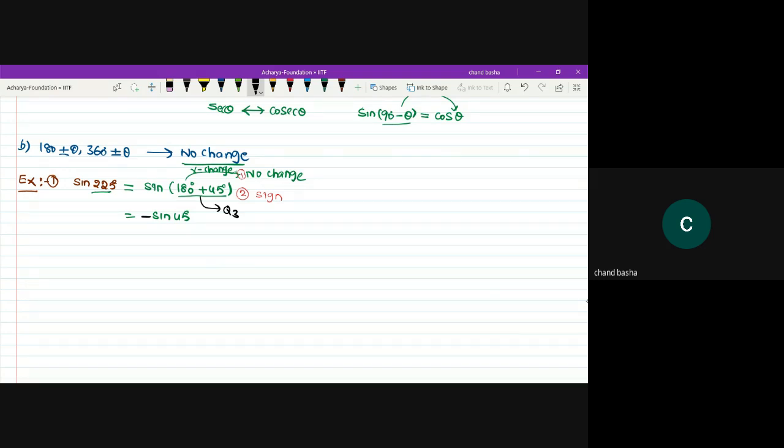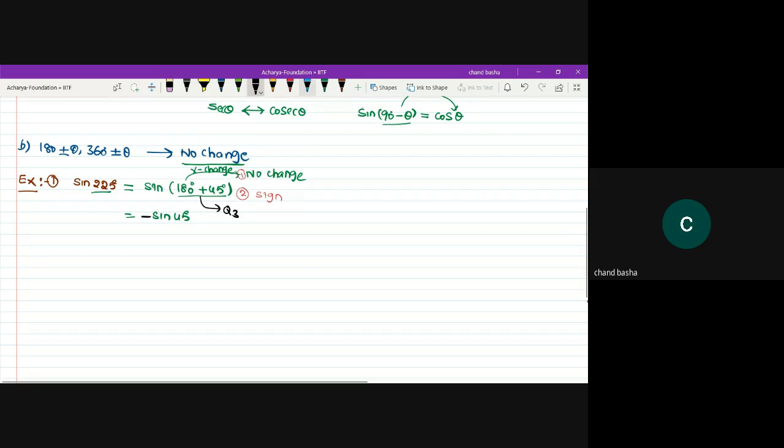Why? Because I'm using 180 multiples, 180 or 360, no change. Sir, I don't want to use 180 multiples for 225. I can make use of 90 or 270. 225 is near to 270.